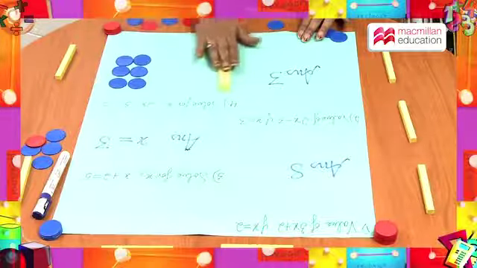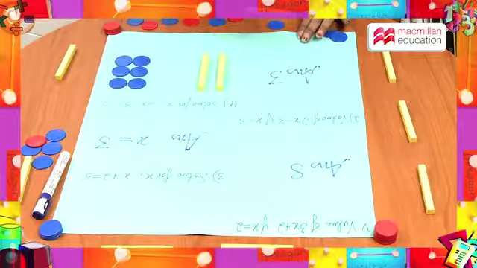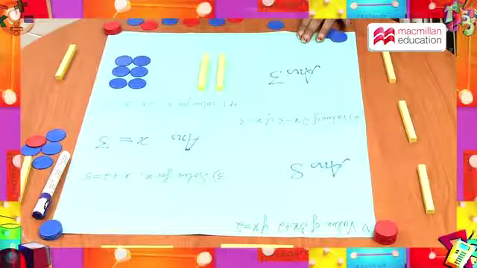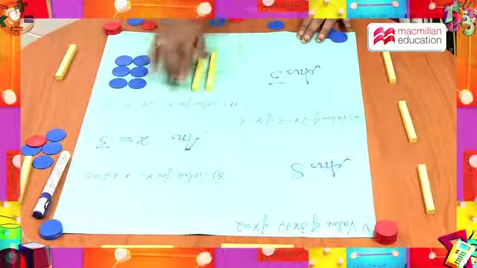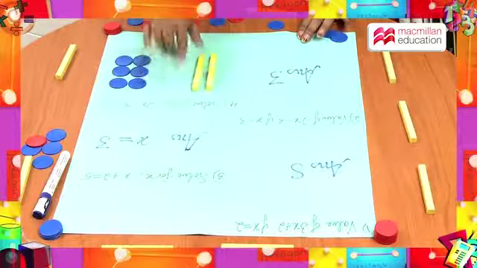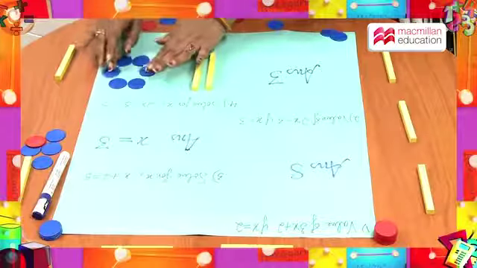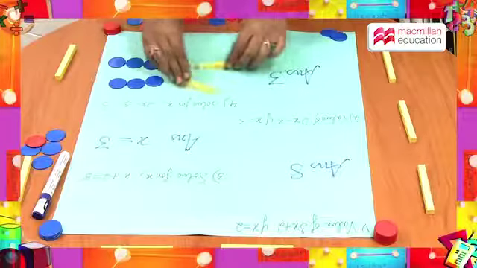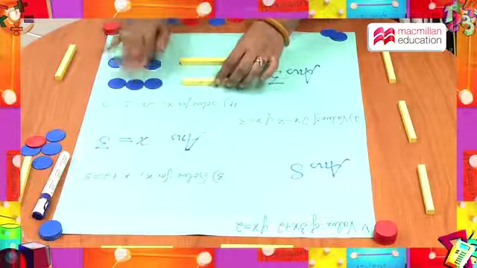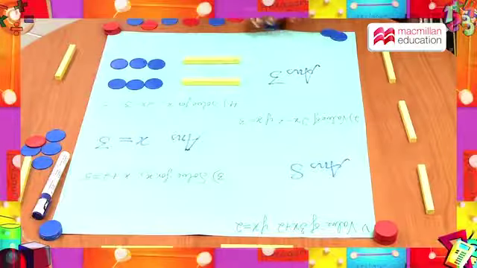So what do we get? We get 2x is equal to 6. But our question is still not over, because if I have 2x is equal to 6, I have to find the value of x. Now 2x is equal to 6 means each x, if I just reorganize it, my expression can look like this.